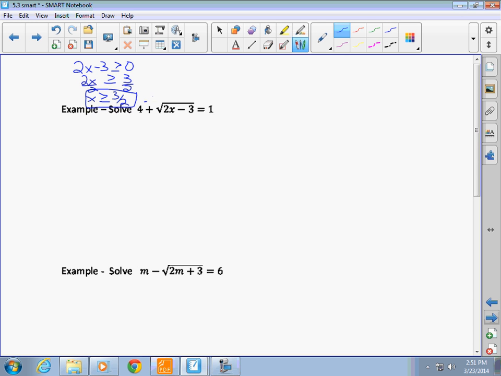Now I'm going to solve. My first step, I have to get that radical by itself, so I move my 4. So I have the square root of 2x minus 3 is equal to negative 3.